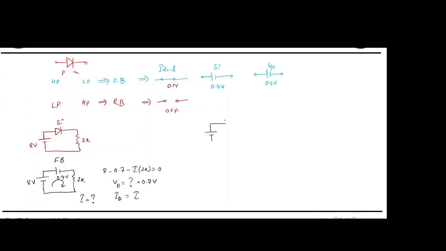Okay, now what if I reverse it like this? What will happen? Is the diode forward bias or reverse bias? Reverse bias. So it will act as an open circuit and no current will flow. So it will act like this.